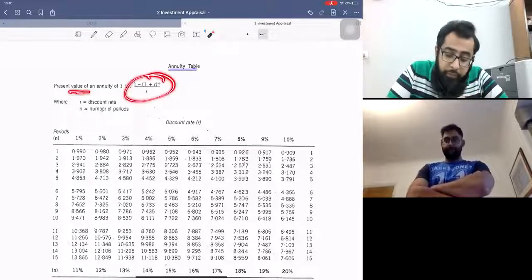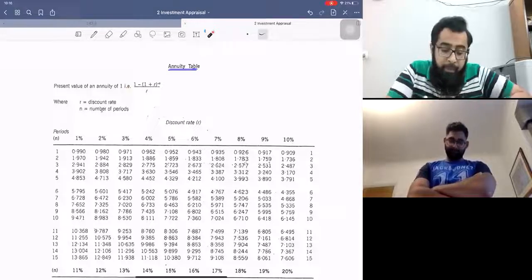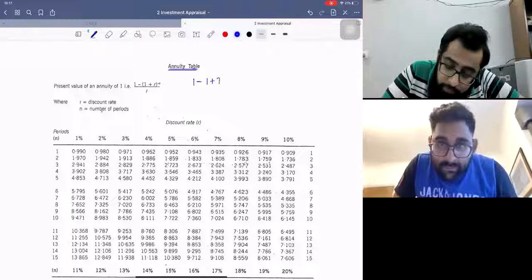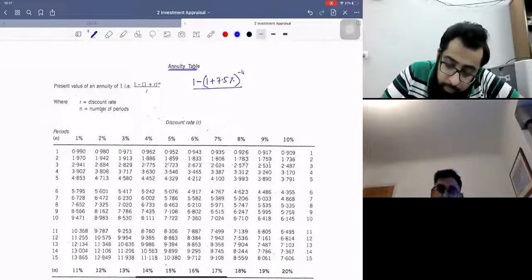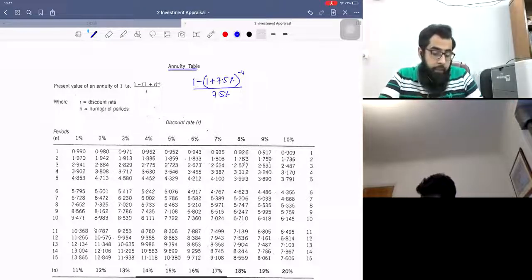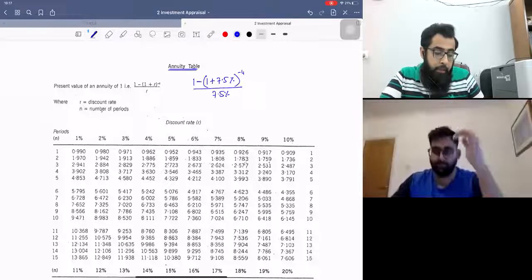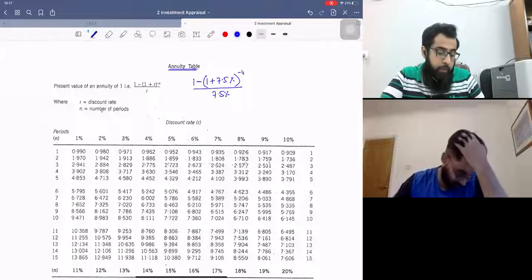So the annuity factor formula is 1 minus (1 plus R) to the power minus N, divided by R. For 7.5%: 1 minus 1.075 to the power minus 4, divided by 0.075.